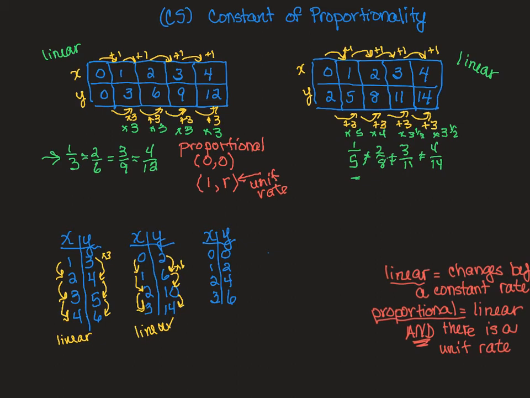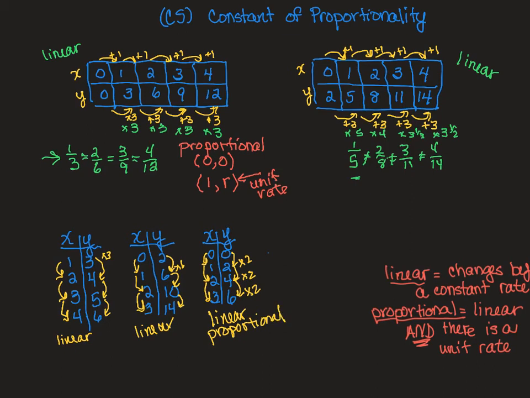Let's go to the next one. Plus 1, plus 1, plus 1. Plus 2, plus 2, plus 2. So that is linear. Now I'm going to look for the times. I look at the x. Here I'm multiplying by 2, here I'm multiplying by 2, here I'm multiplying by 2. So it is also proportional.